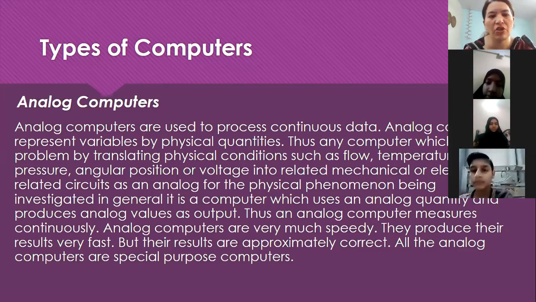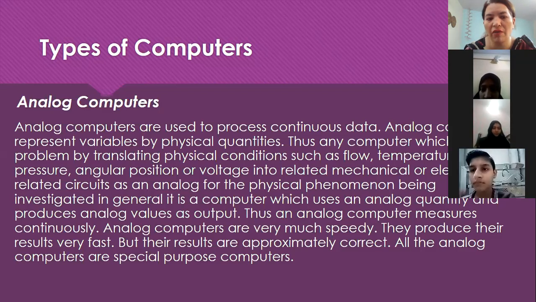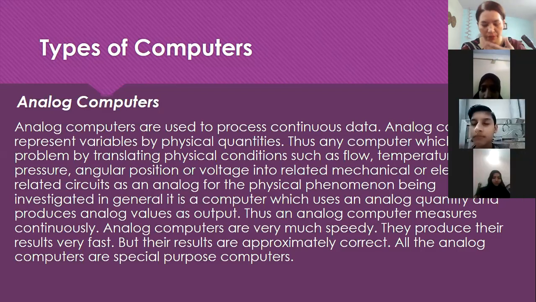Such a computer translates physical conditions such as flow, temperature, pressure, angular position, voltage into related mechanical or electrical circuits as an analog for the physical phenomena being investigated. In general, it is a computer which uses analog quantities and produces analog values as output.